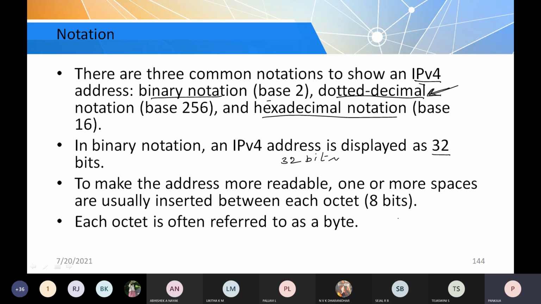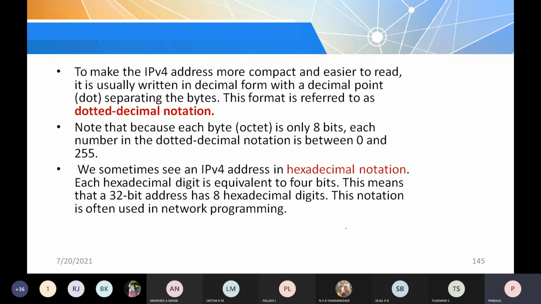That means after every 8 bits, if you have checked which IP address your device is connected to, a space is left, and every byte is separated by a colon.